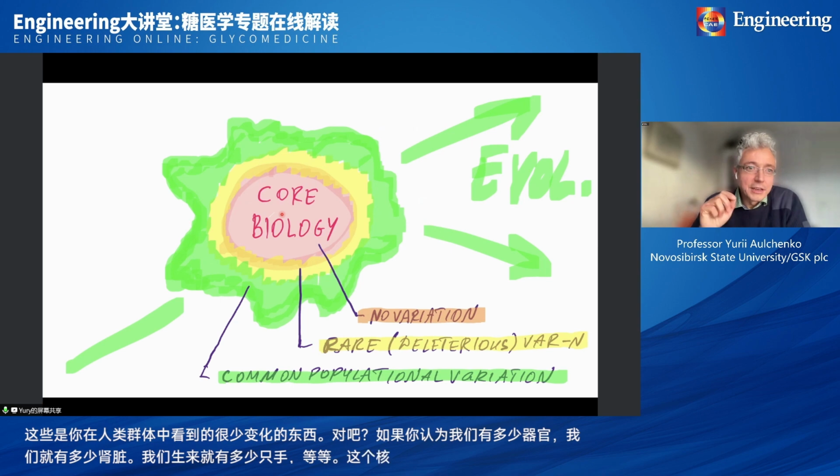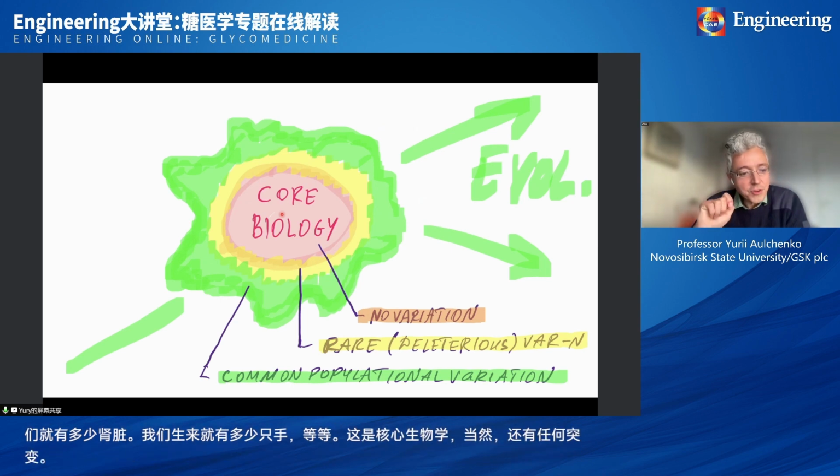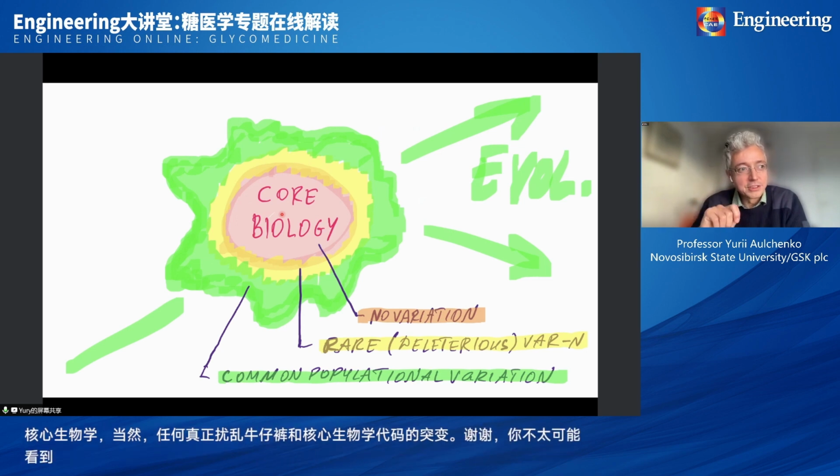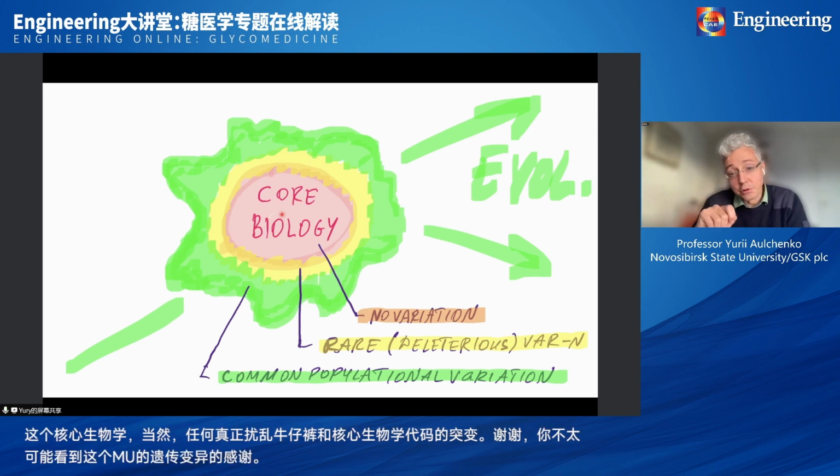And then, of course, for any mutation which really disturbs genes encoding core biology, you are not likely to see the effects of this genetic variation on phenotypic variation, because these people don't live, right?